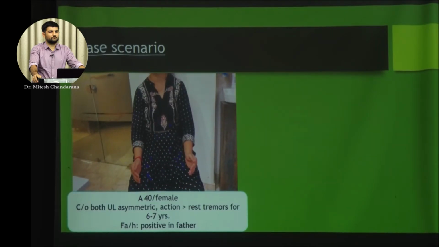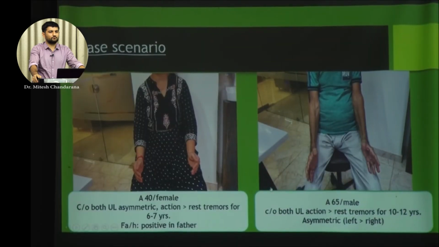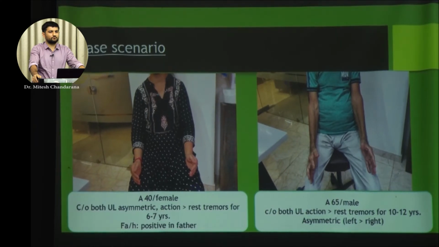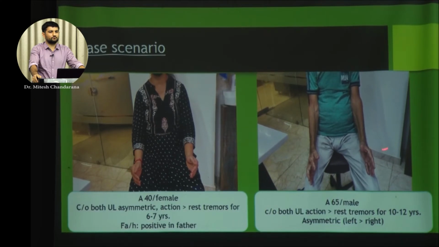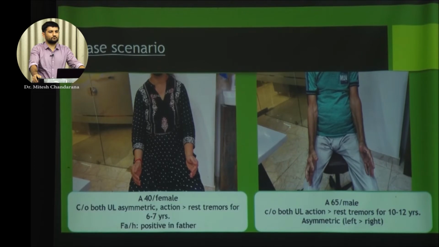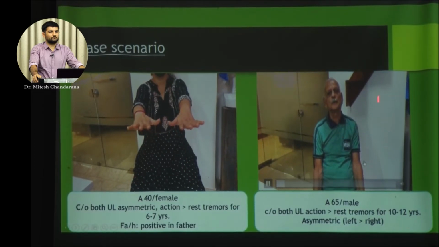But then when I saw his father in the same sitting, here we can clearly see that there is a significant amount of dystonic posturing in the right upper limb, and rest tremors are also there. And we can see there is neck posturing.